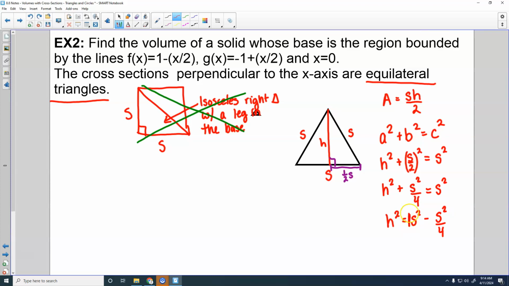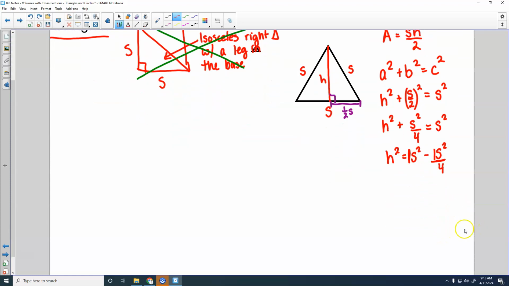This is a 1 right here, right? This is like having a 1/4 s squared. So if I do 1 minus 1/4, I'll get 3/4 right there. So h squared equals 3/4 s squared. And then what do I need to do?